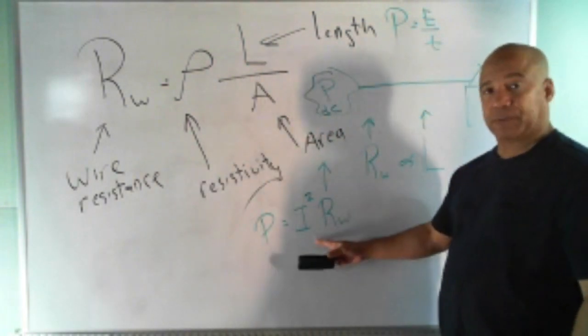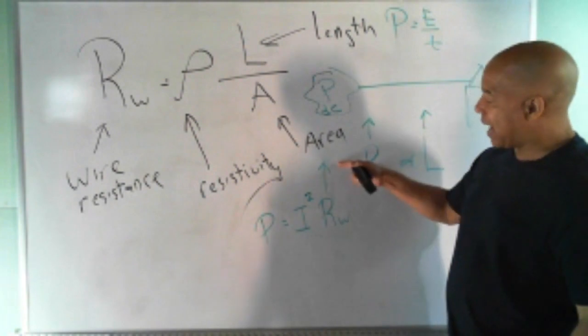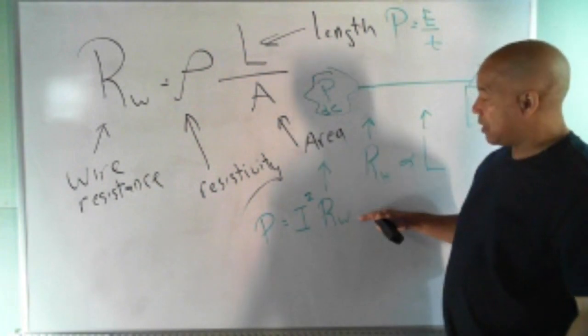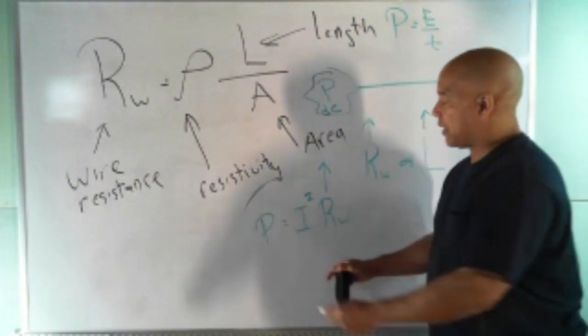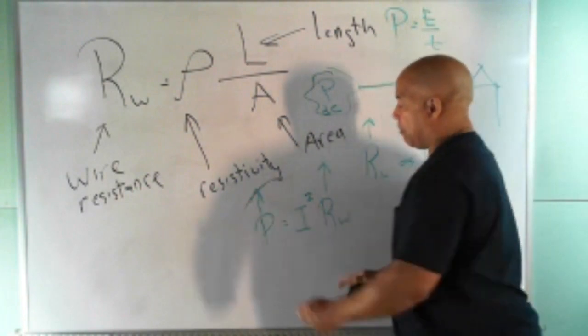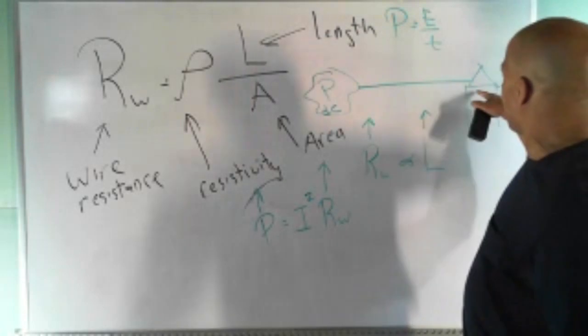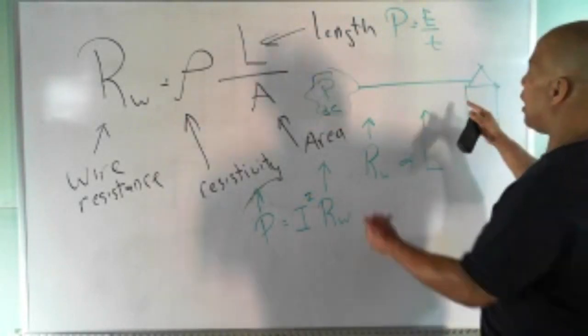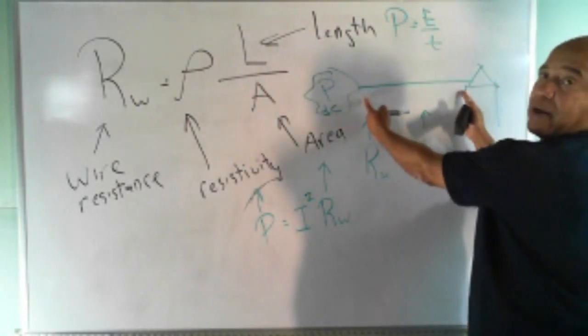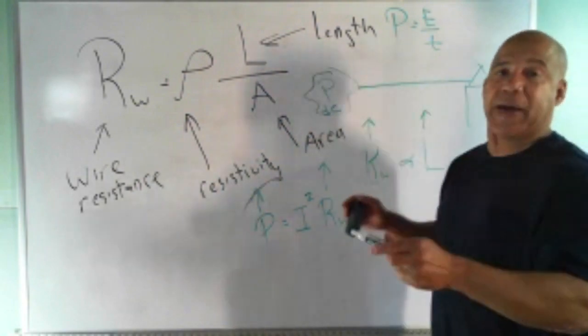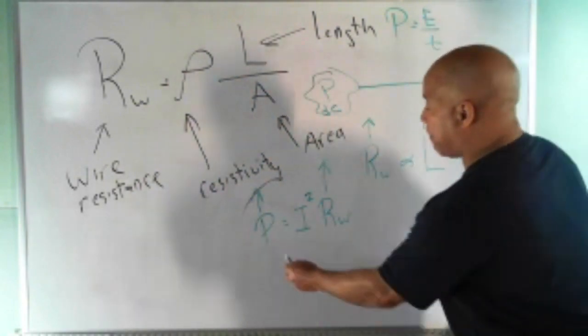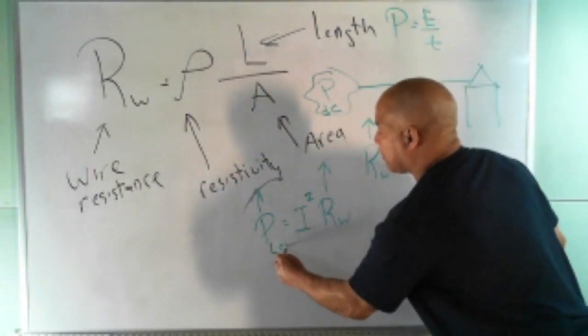And look at this. If I have a really high wire resistance, then I'm going to have a really high power, but that power is dissipated in the wire. We don't want that. We want the power over here in this house. All that power is dissipated right here. And if the power is dissipated where you don't want it, then we call that a power loss.